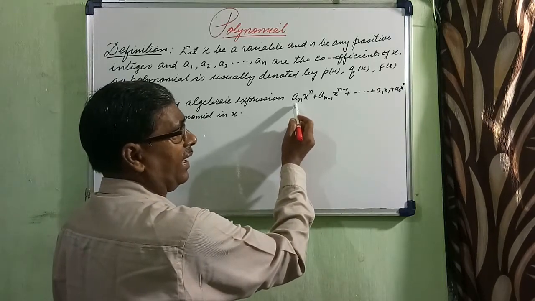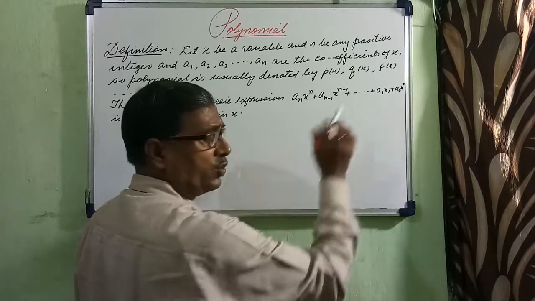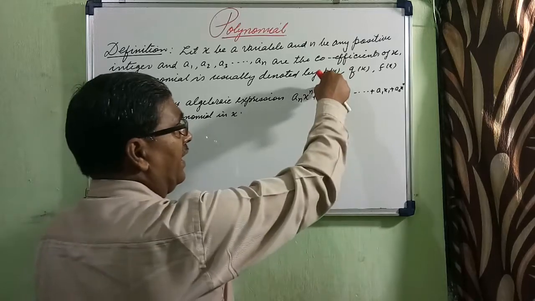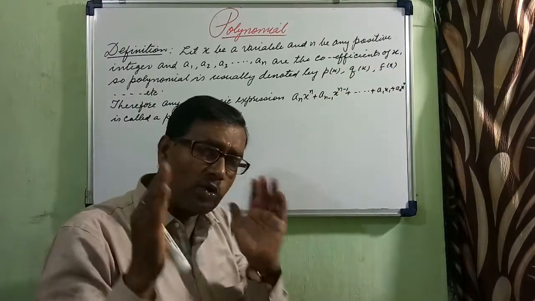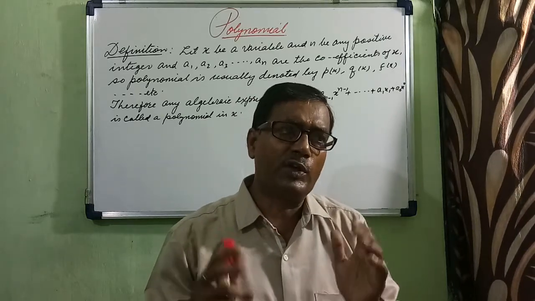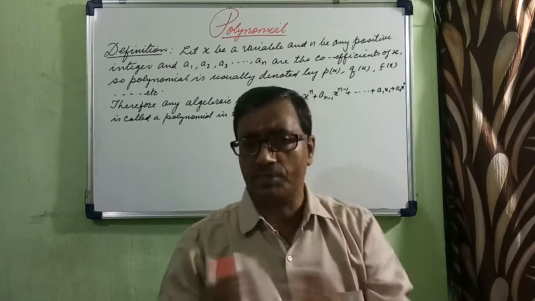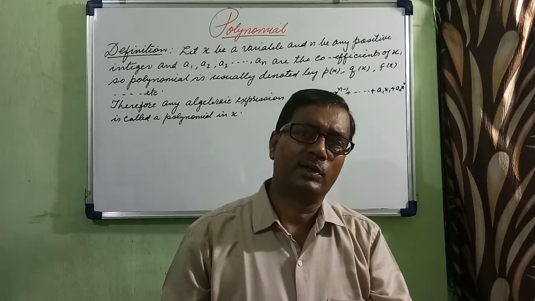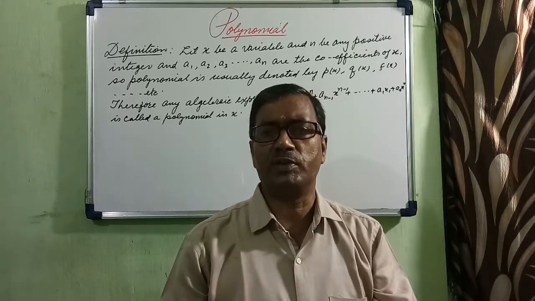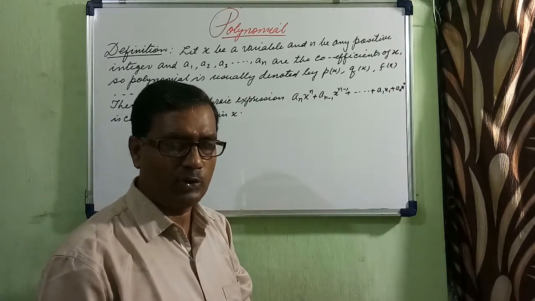This n minus 1, a1, a0, these are all positive integers. Remember, n is everywhere; we are talking about the exponent. So in simple language, if the exponent of the variables of the terms of an algebraic expression is a positive integer, it is called a polynomial.